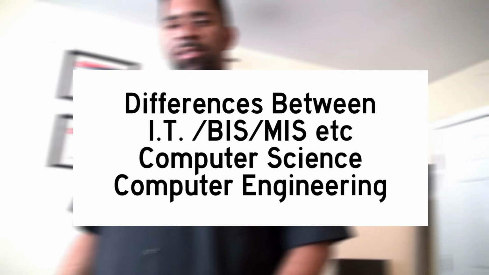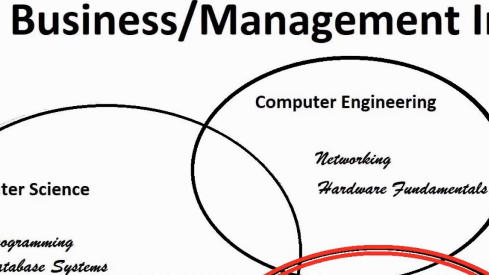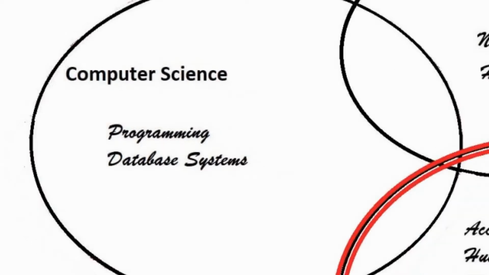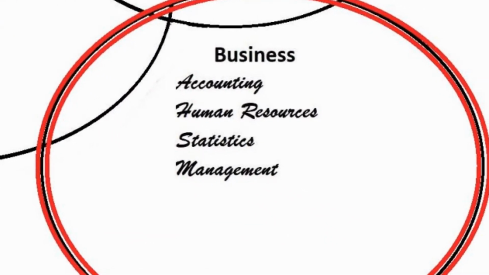and computer engineering. IT, also known as management information systems, or information technology. That is the study of information systems as it pertains to business, not really a scientific approach to studying computing. In most IT curriculums, students will learn networking, a little bit of programming, and a lot of mostly business oriented stuff.